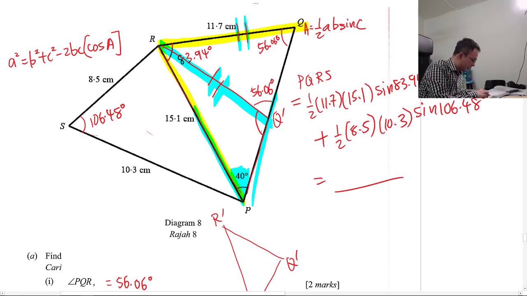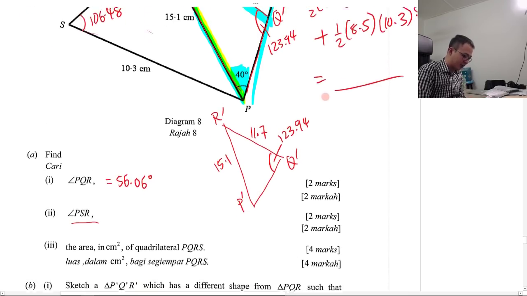I use 180 minus 56.06. This angle over here should be 123.94. If you ask about this length, it will be 11.7 because it remains the same. And this length will remain the same also, 15.1. Alright, so this is what I have.